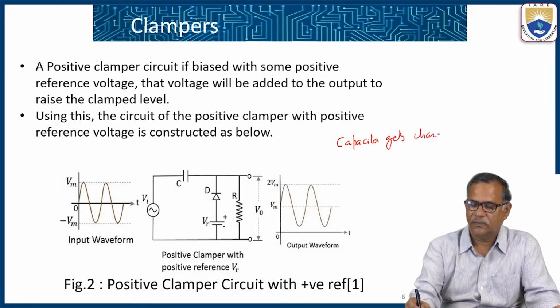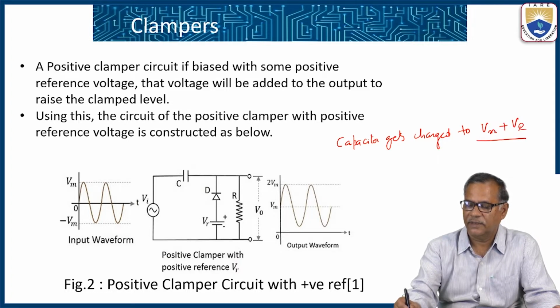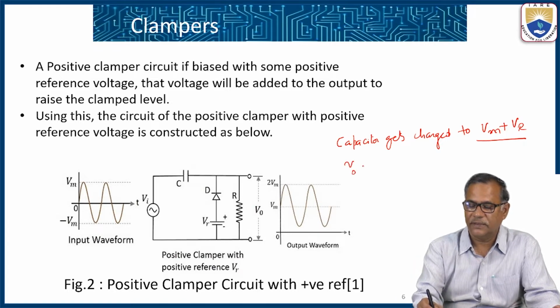Vr is the reference voltage. And what is the output voltage? The output voltage V0 is equal to Vi plus Vm plus Vr.